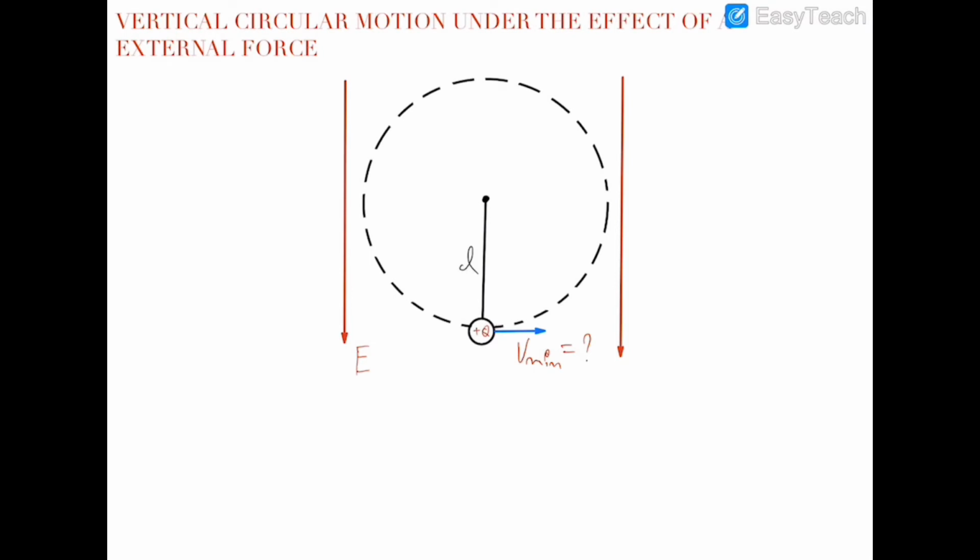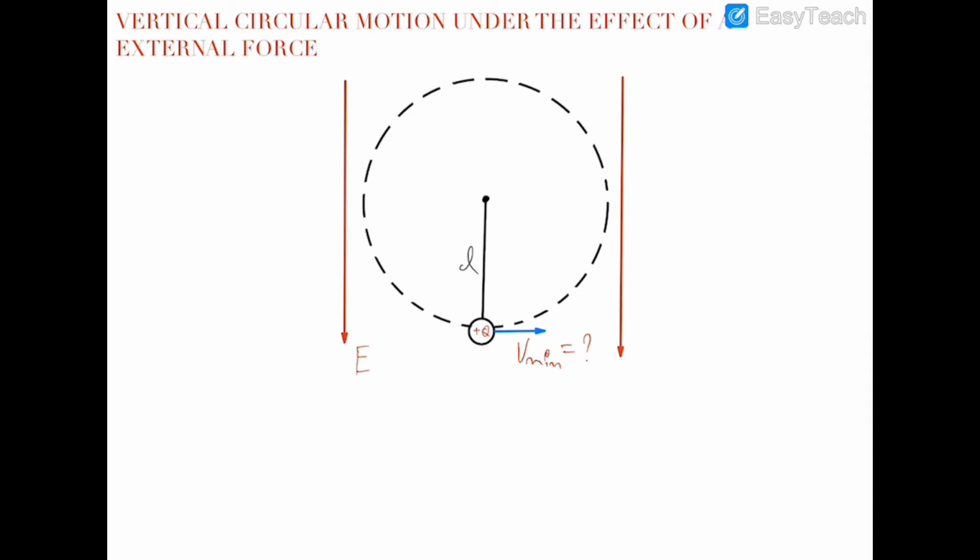In this video, I would tell you about a concept: when some external constant force is being applied on the pendulum ball, what will be the minimum velocity with which it is required to be projected so that it completes the vertical circle.